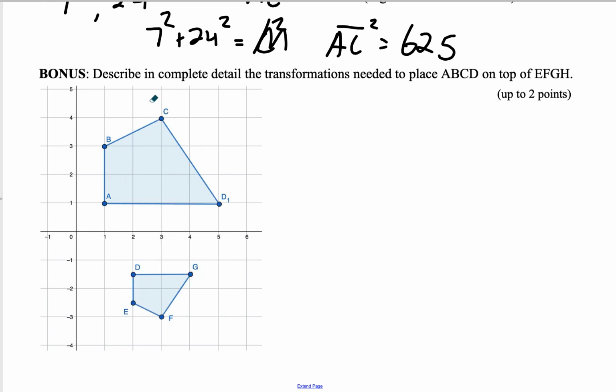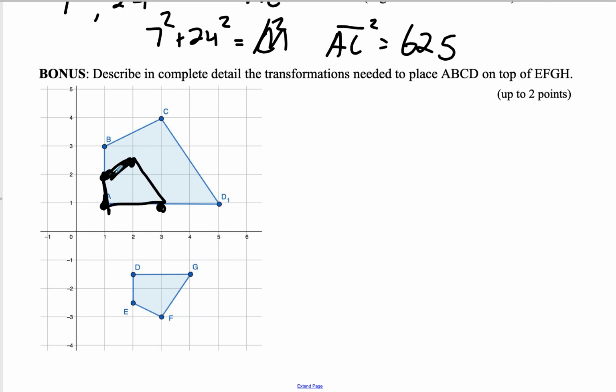Another way: dilate by a factor of 1/2 with the dilation center at A. So that stays the same. That comes in. This is up 2 over 3, so this would be up 1 over 1.5. And this is a distance of 4, so it pulls back to a distance of 2 if we use a scale factor of 1/2.